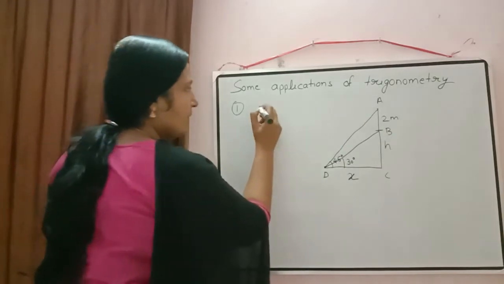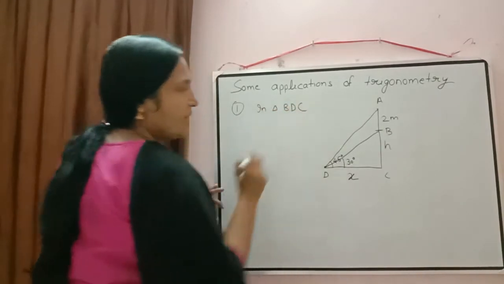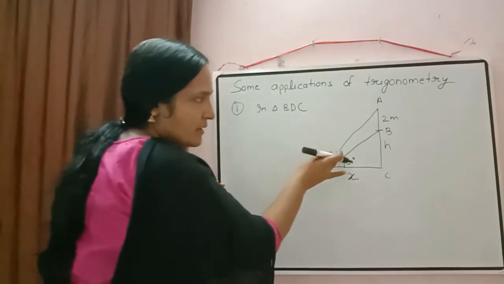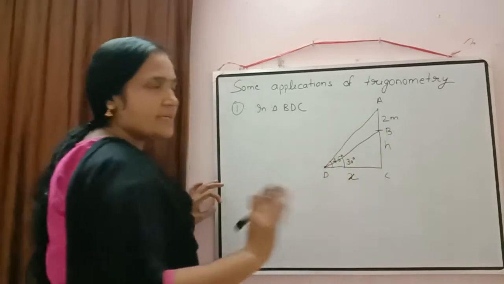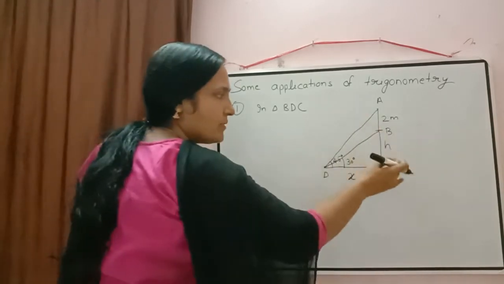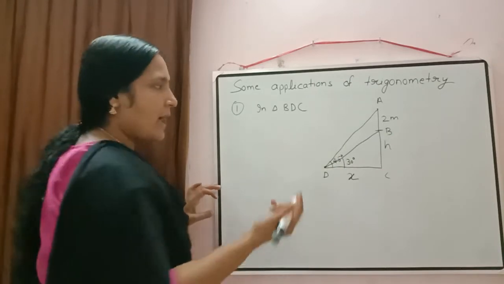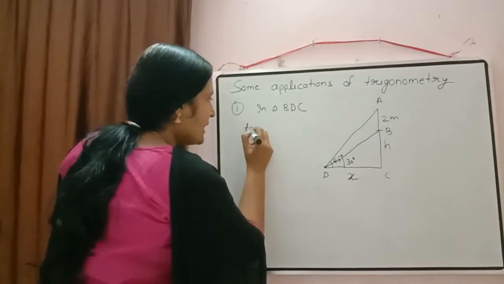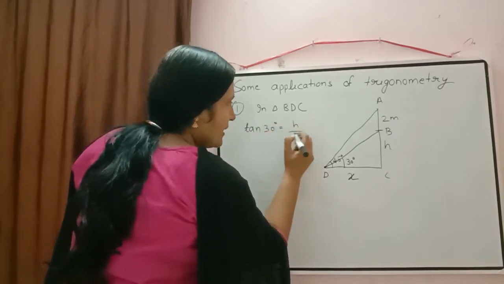In triangle BDC, the side opposite we have to calculate, and the side adjacent is also not given, but for side opposite by side adjacent, which trigonometric ratio? Tan. So we write tan 30 degree is equal to h by x.